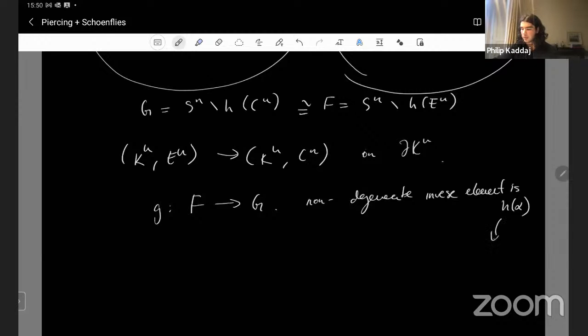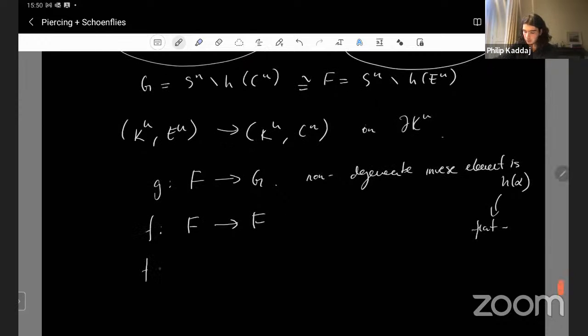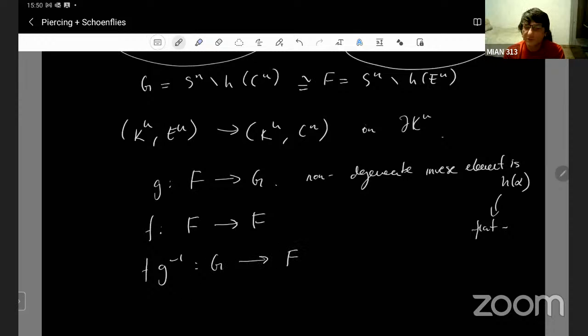And H of alpha is flat by the previous exercise. So there's a continuous map F, again non-degenerate, and then we take... What is this F? So F is the contraction of alpha, but the standard one.